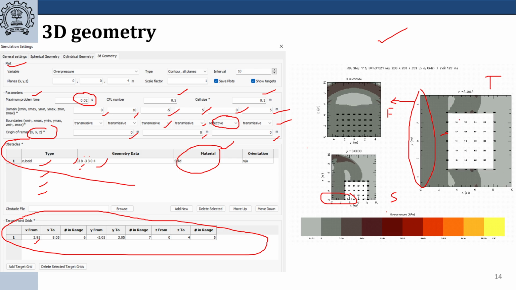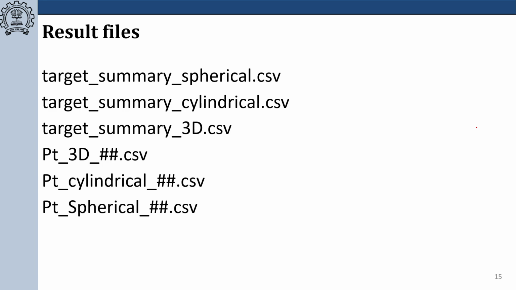And these are your target points where you can observe the data and get the data points from the simulation. Coming to the result file: when you run the simulation and everything completes, these are the saved files.